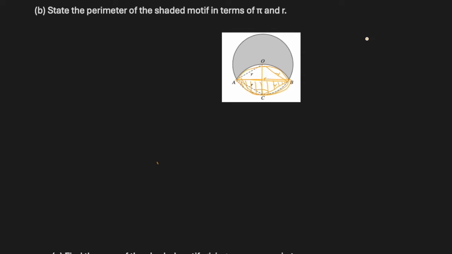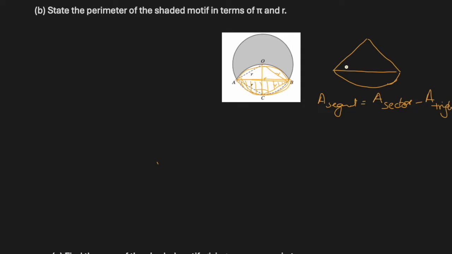So let me clear that part because it has become a little clumsy there. So I will find the area of this segment. So area of segment will be equal to area of sector, whole of it, minus area of the triangle.